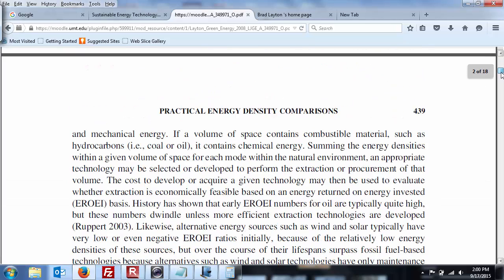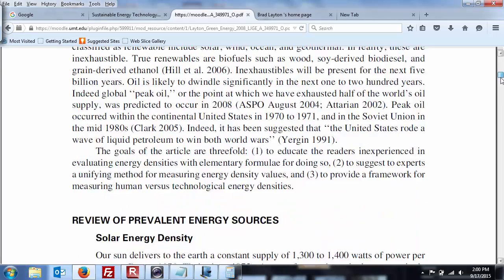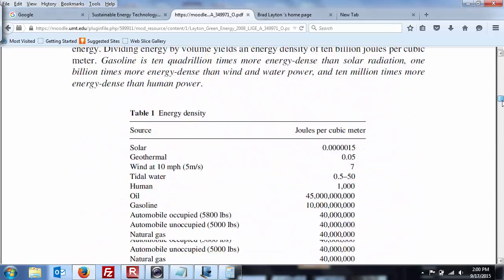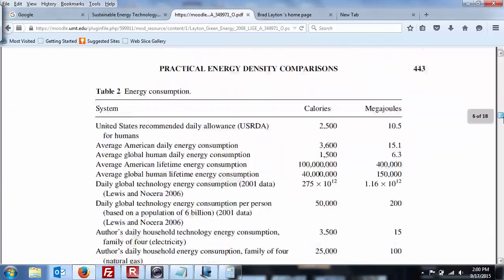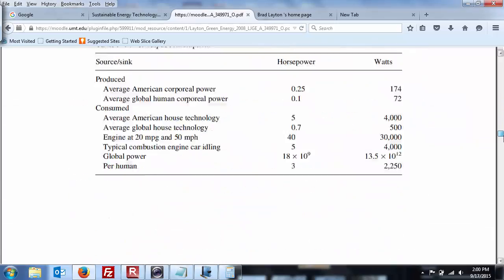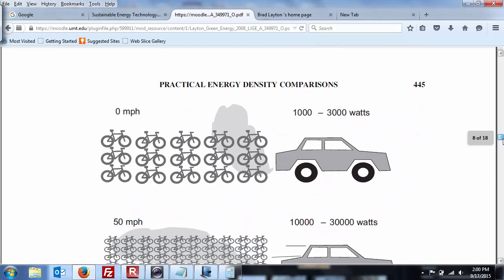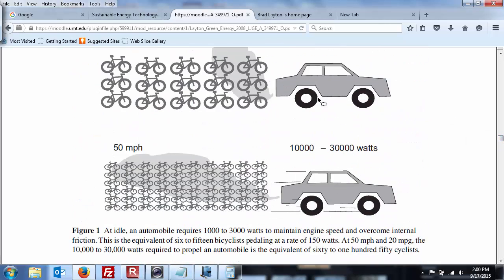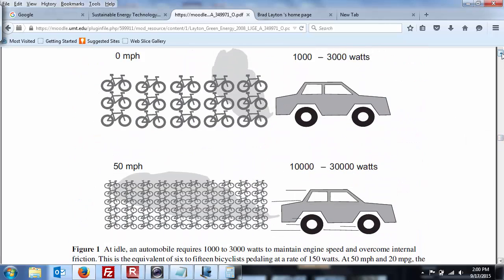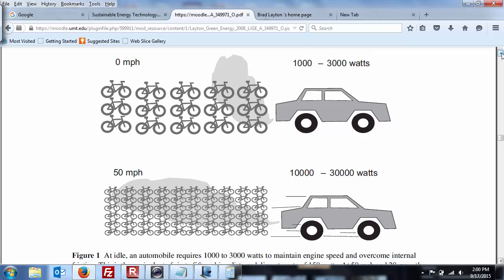We just did a little bit of kinesthetic learning a second ago with me running around and throwing books and all that. But if you scroll down here, I tried to make a graphic comparing some of these big numbers. Here's one showing that to idle an automobile, I'm going to need about 15 human powers pedaling to keep the chains and belts and pistons moving up and down.